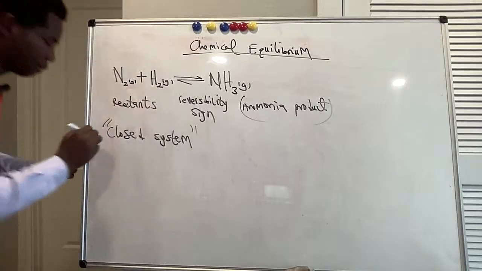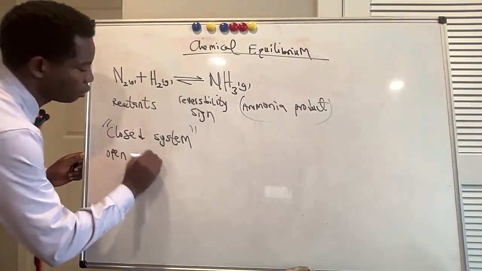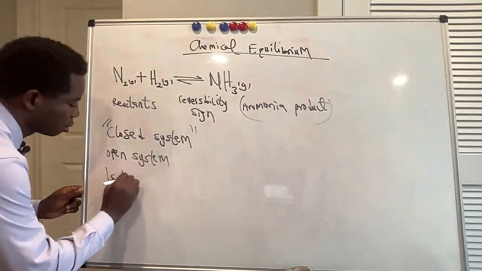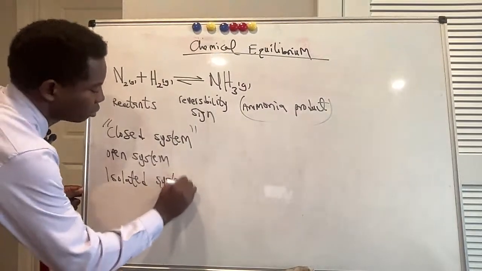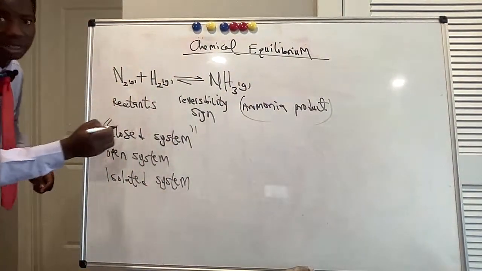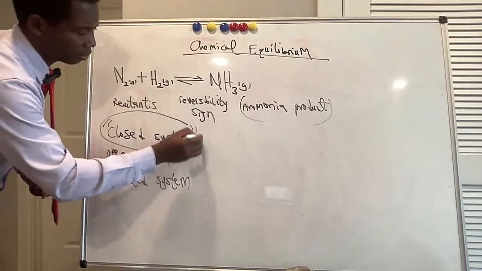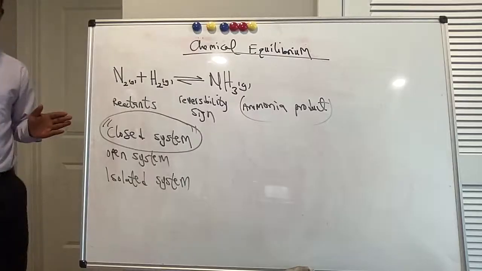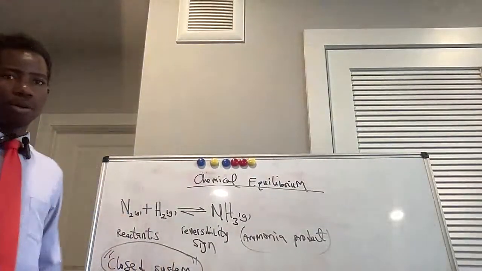We have closed system, we have open system, and we have isolated system. So equilibrium can only take place in a closed system. In this topic, with respect to equilibrium, we are going to concentrate more on chemical equilibrium.